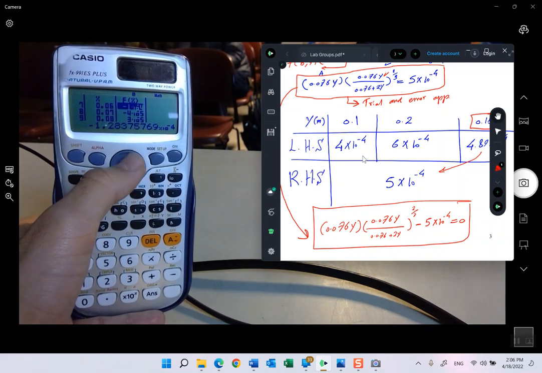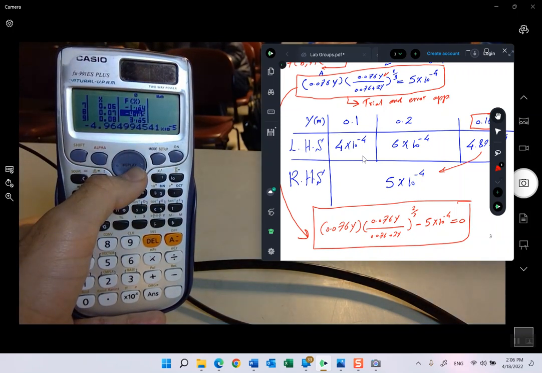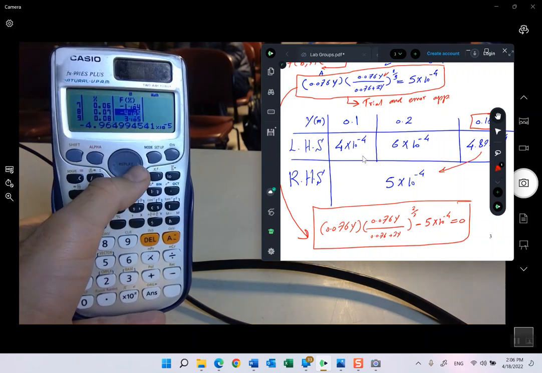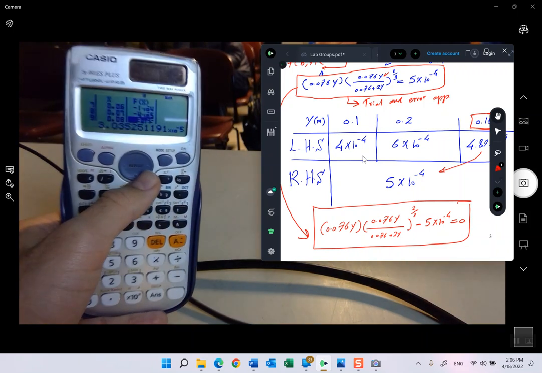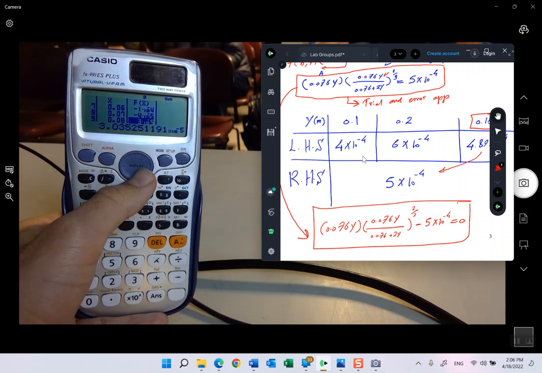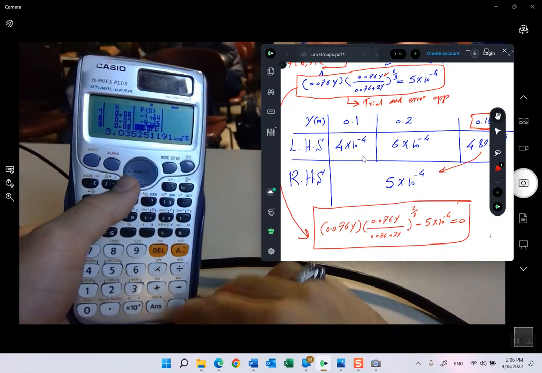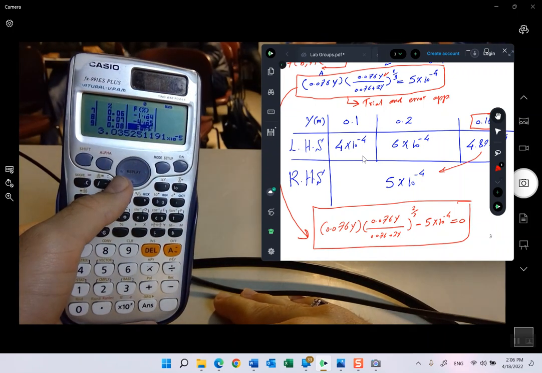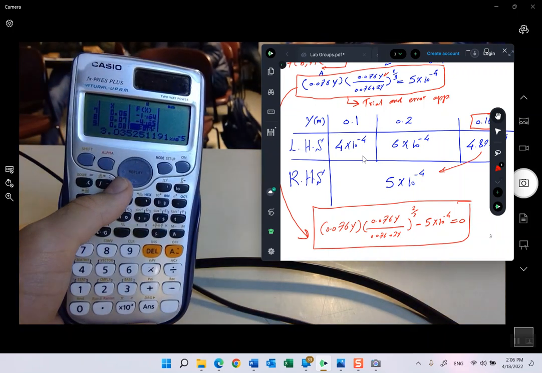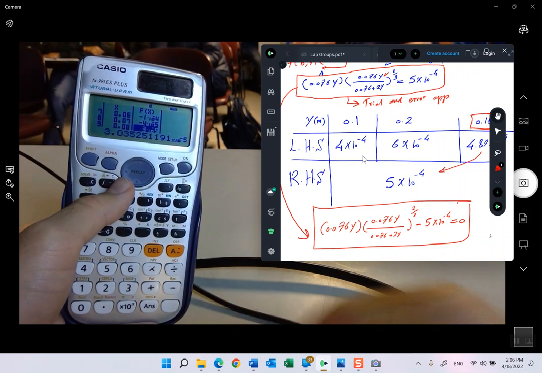But of course 0 is in between these two numbers. Why? Because the sign of these numbers changes. So I can get a more accurate result. I can say, okay, now I know that the correct answer lies between 0.07 and 0.08.